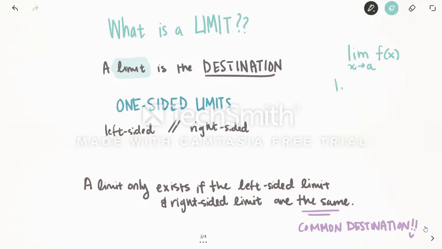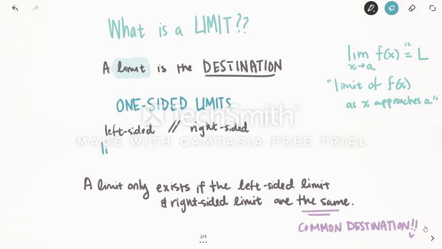Right? Limit of f as x approaches a. Now, if that limit exists, we set it equal to whatever that number is, right? We say the limit is L. One-sided limits are going to look exactly the same.